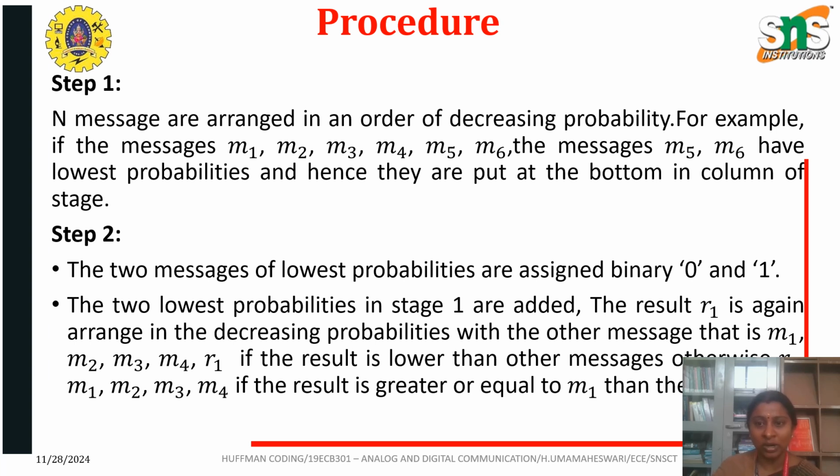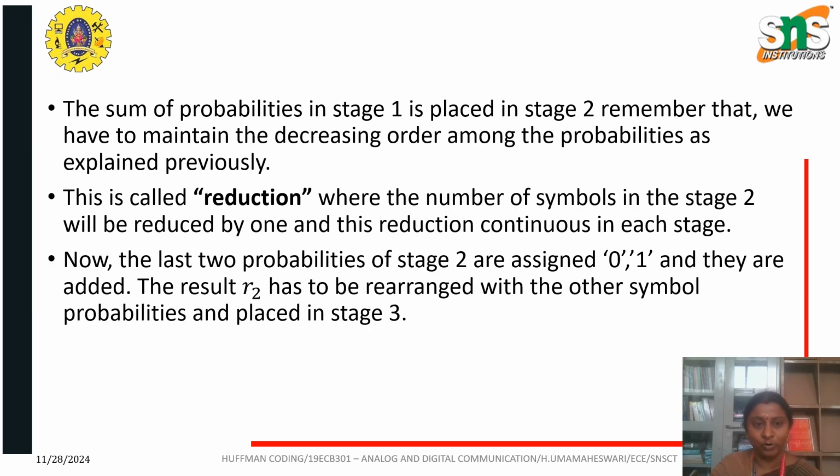The result R1 is again arranged in decreasing probabilities with the other messages, that is M1, M2, M3, M4, R1 if the result is lower than the other messages. Otherwise, if the result is greater than or equal to M1, then it will be R1, M1, M2, M3, M4.